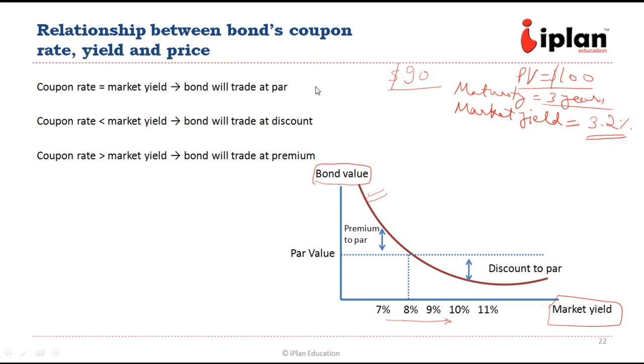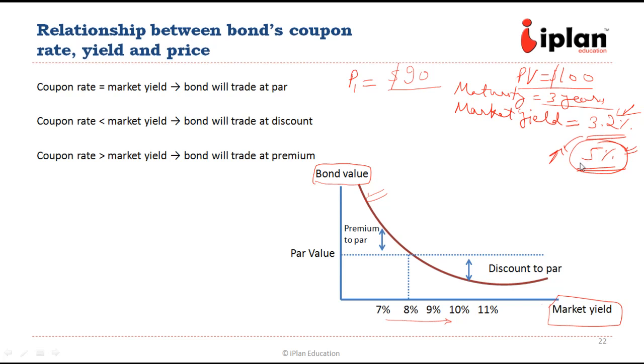The bond price was this P1. If this value suddenly goes up and becomes 5%, or in other words, earlier investors were expecting 3.2% return on this zero coupon bond. Now because market yield is rising, they are expecting 5% return on the bond.